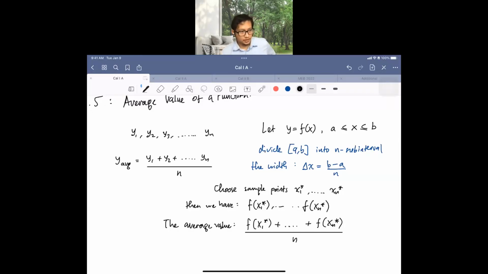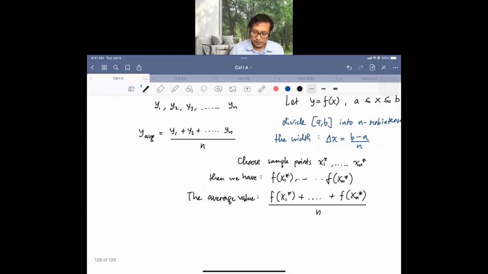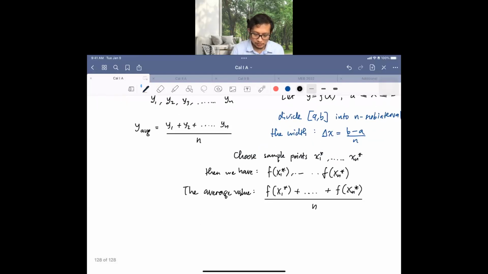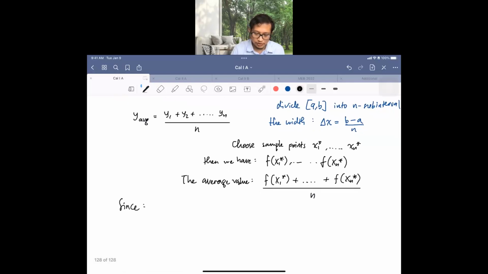Now, since from the subinterval we get delta x as b minus a over n, we could rewrite this as n equals (b minus a) over delta x.